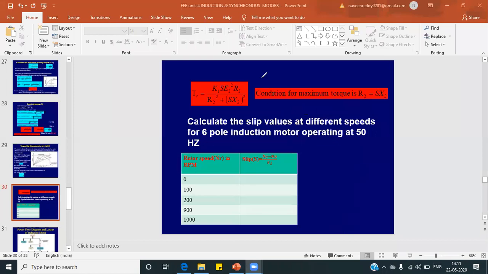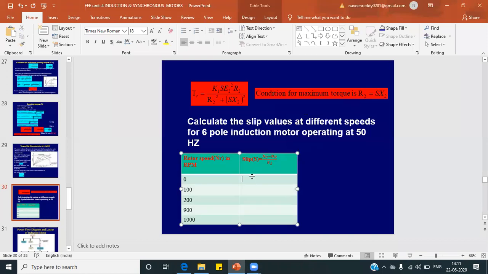This is Nr. What is Nr here? Here Nr is 0. So what is the value of slip over here? Let's fill this table. If Nr is 0, slip is Ns by Ns, which is equal to 1. Now when Nr is 100 RPM, what would be the slip?